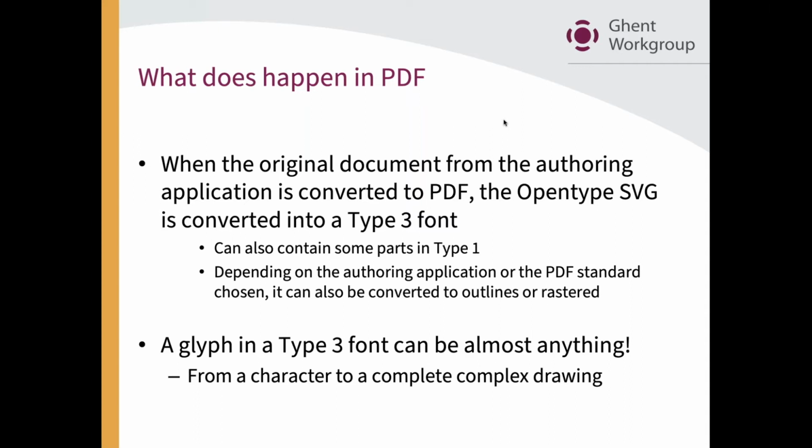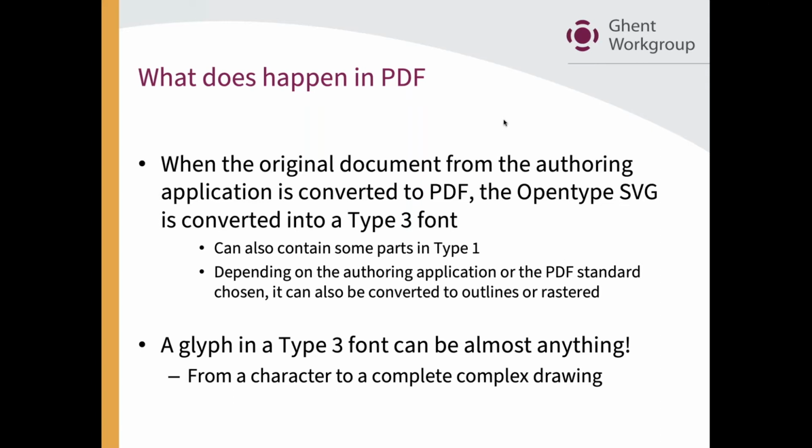Or it can even be rasterized, which is something QuarkXPress is doing in some cases. QuarkXPress was the first design application able to deal with OpenType SVG, by the way. So a glyph in a Type 3 can be almost anything, a simple character or a complete complex drawing.